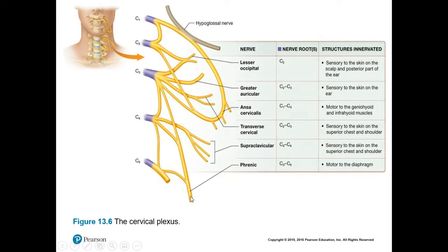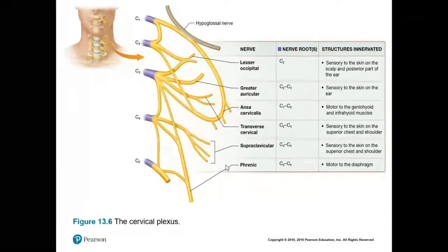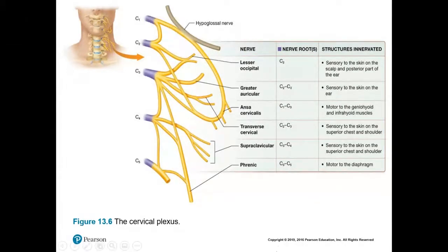And lastly, the phrenic. Phrenic stands for the diaphragm. All right, so the diaphragm is going to be controlled by this phrenic nerve, which originates on C3, but has branches of C4 and C5. All right, so again, the diaphragm. If you recall, the diaphragm plays a role in respiration.